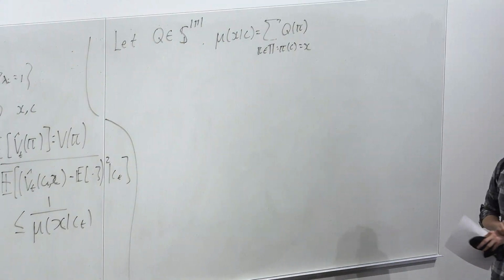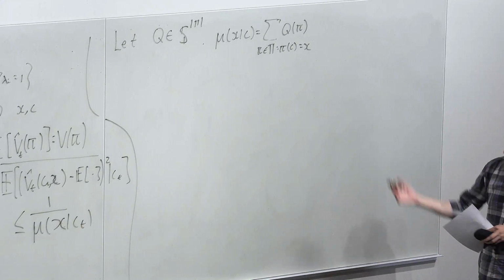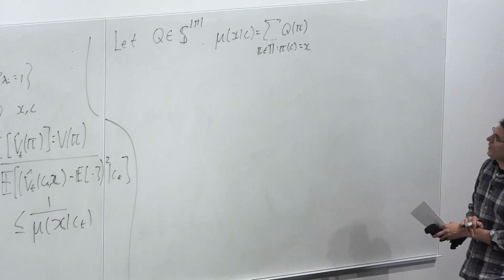And that is the probability with which you're going to take action x. So you're going to fix some probability distribution Q, and then you're going to do this.